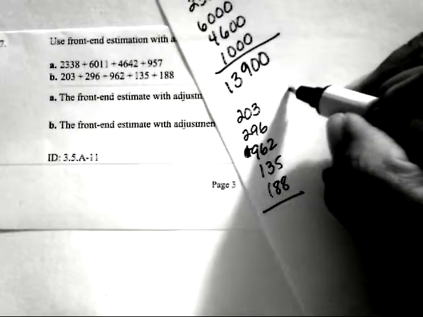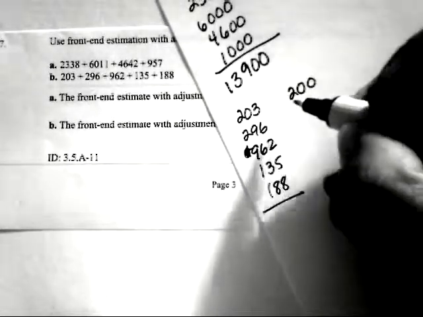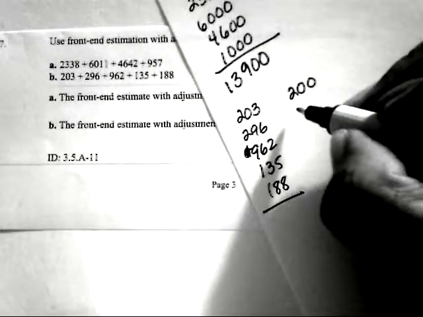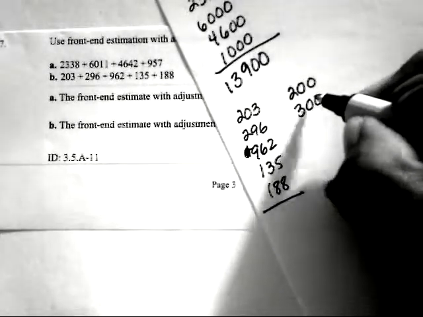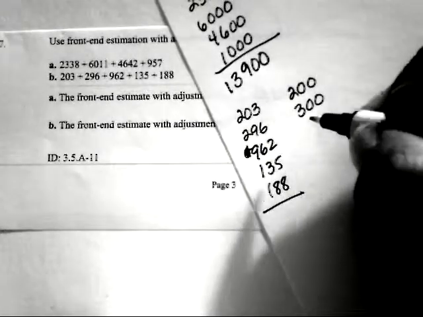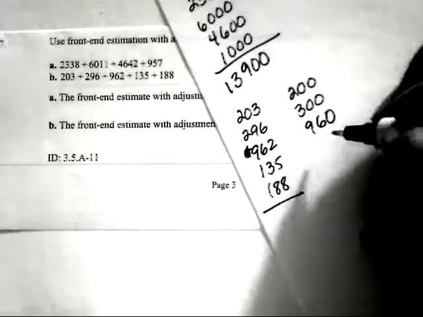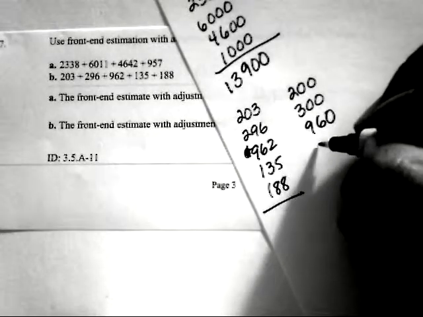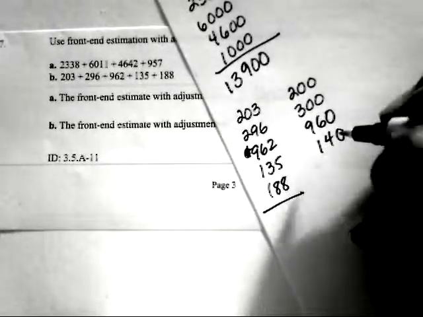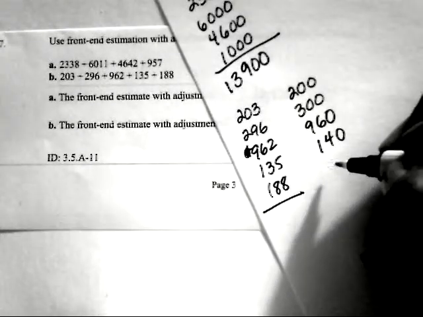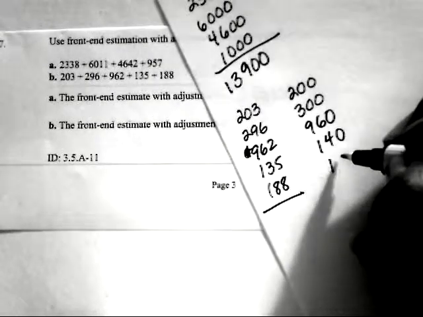In this case, that 203, I'm going to round that off to 200. Let's see, 296, let's say to the nearest 10, that's going to be 300. 962 will be approximately 960. 135 will be approximately 140. And then 188 will be approximately, let's say, 190.